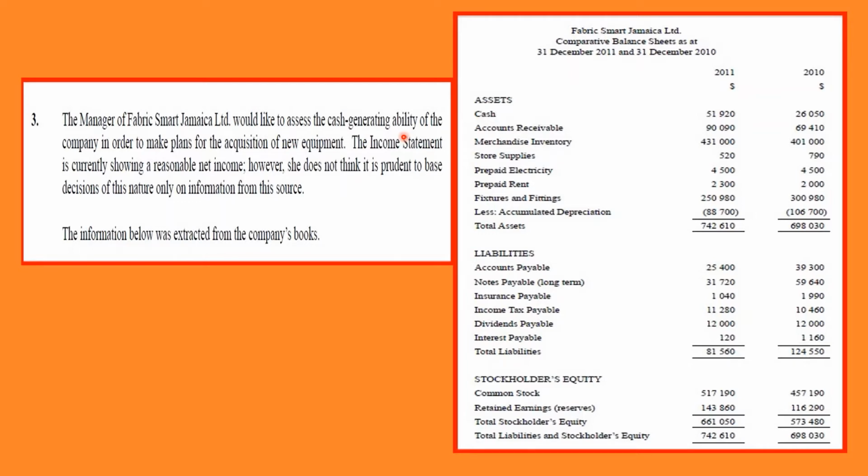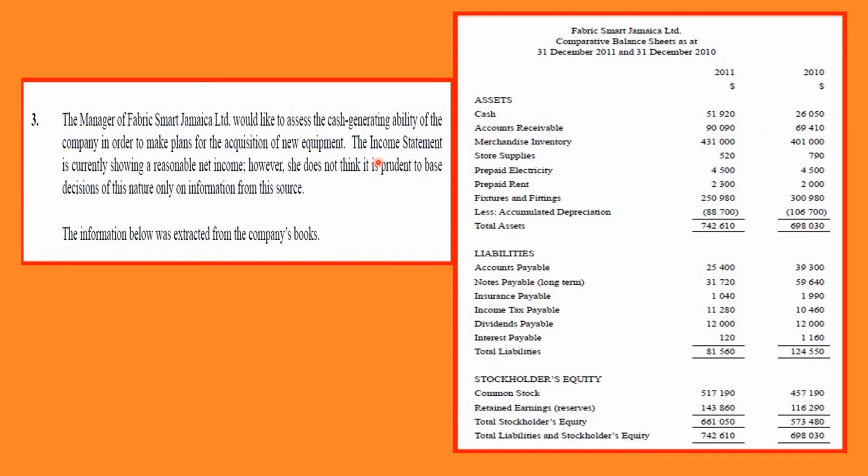Okay, and the balance sheet simply shows your financial position at a particular point in time, and those dates that we have at the top. So the statement that really shows you whether you are generating enough cash is the cash flow statement.